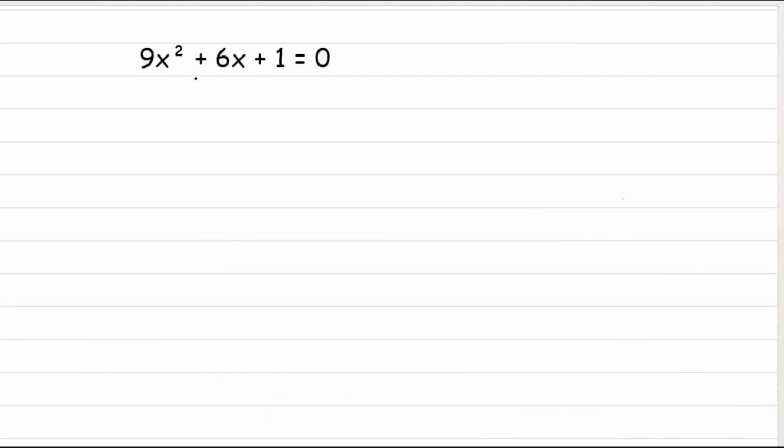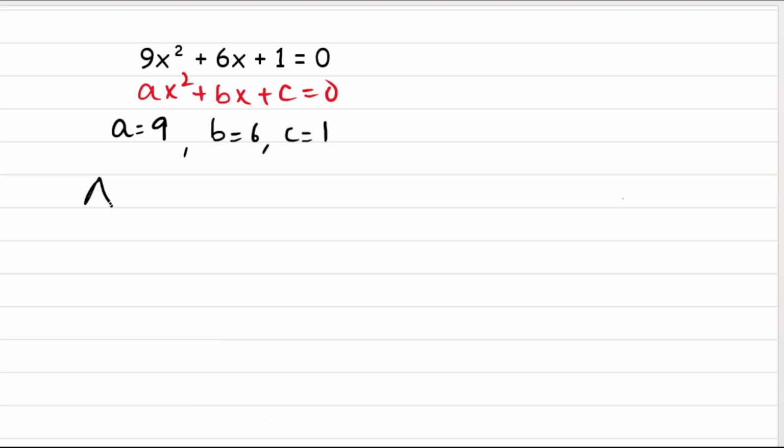Next one, 9x square plus 6x plus 1 equals 0. So on comparing it to the standard form of quadratic equation, I would get A as 9, B as 6, and C as 1. Let's calculate the quantity discriminant, means delta equals B square minus 4AC.